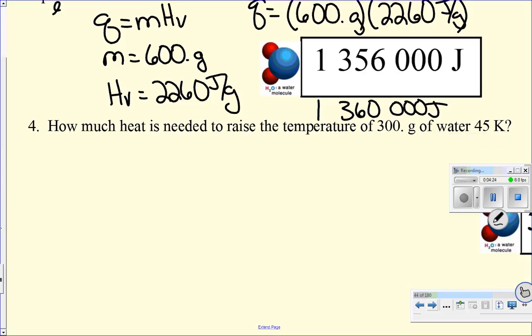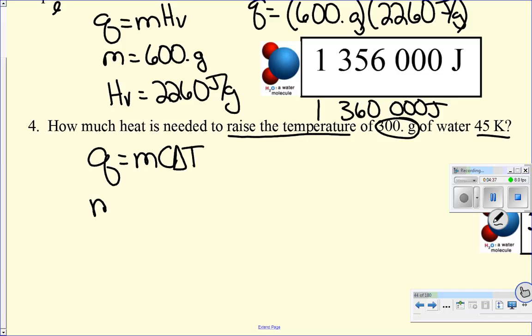How much heat is needed to raise the temperature of 300 grams of water, 45 degrees or 45 Kelvin? So we're raising the temperature. We're using Q equals mc delta T. Our mass is 300 grams. Now, there is only one temperature given, but that actually is the change in temperature that we want. So our delta T, the amount we want to change the temperature by, is 45 Kelvin.